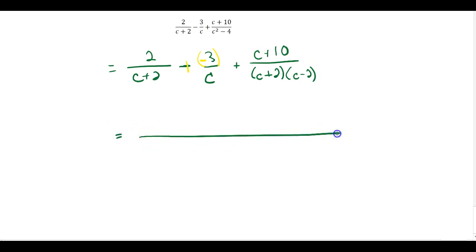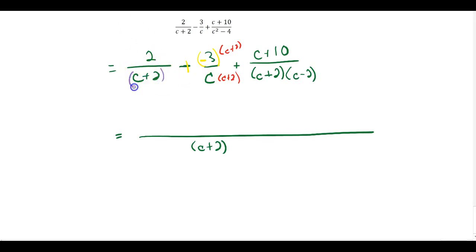Okay. So whenever I look at this, these two have a c plus 2. This one does not. This one needs a c plus 2. This one has a c, the other two do not.